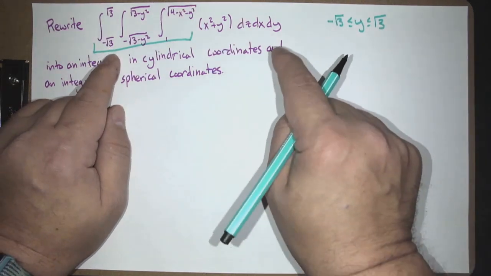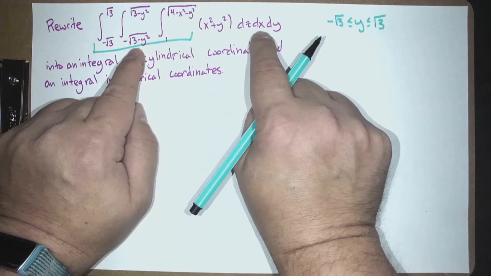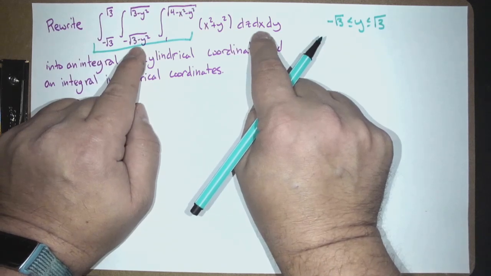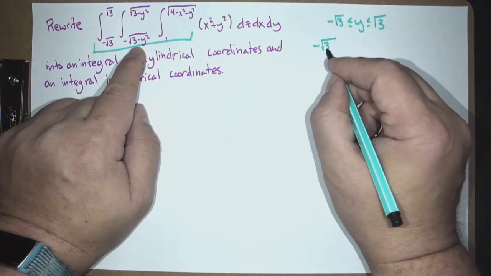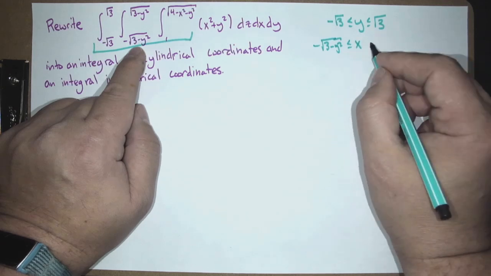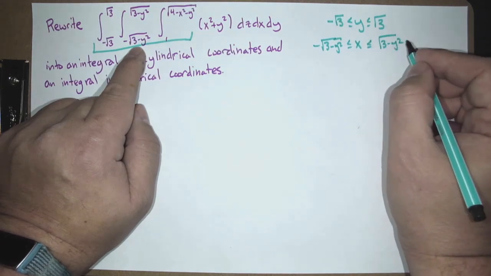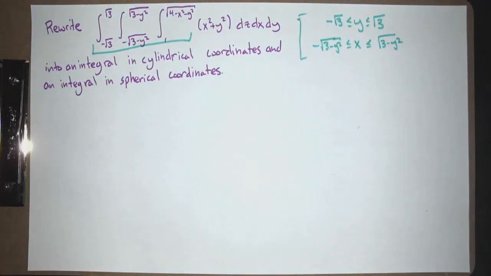Then we go to the next layer. It tells us about x: negative square root of 3 minus y squared is less than or equal to x, less than or equal to positive square root of 3 minus y squared.